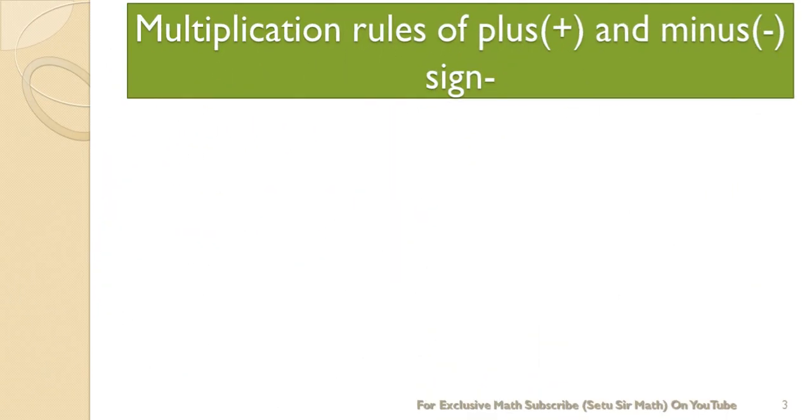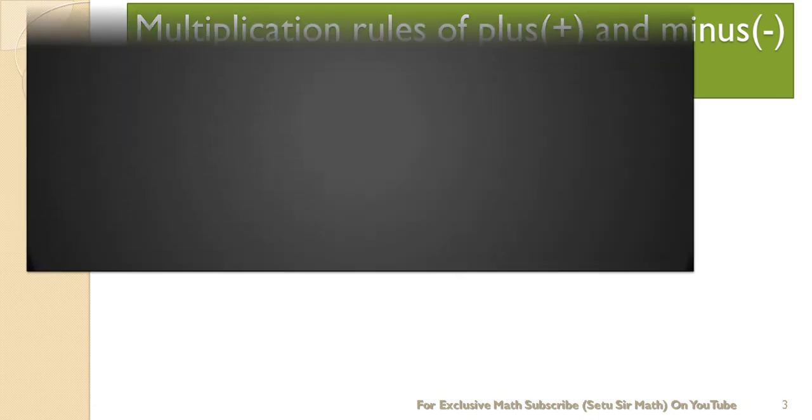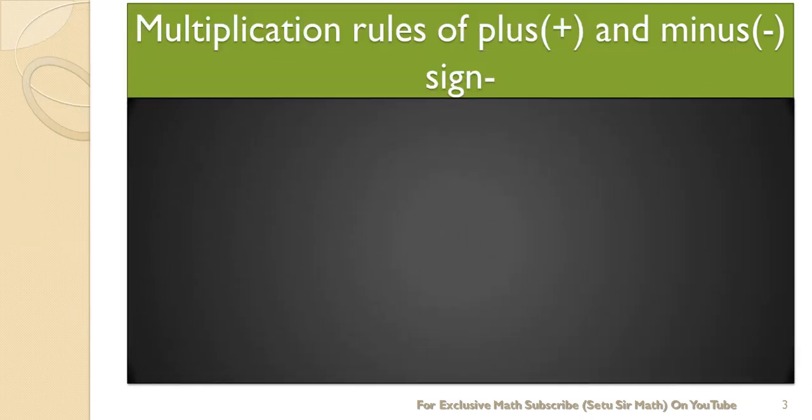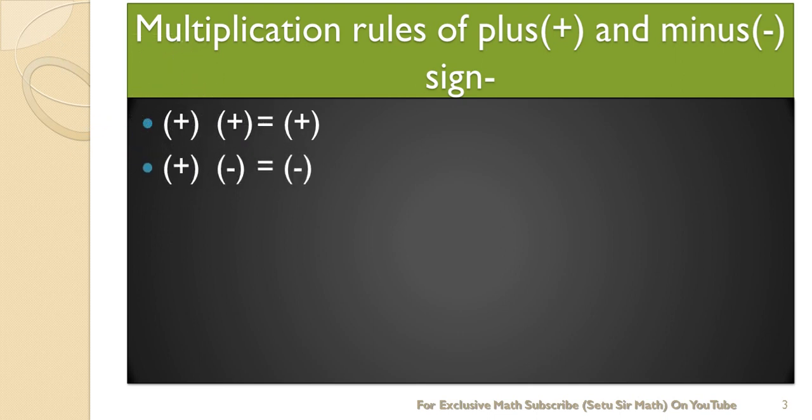Multiplication rules of plus and minus signs. This is new for you and for algebra. If we multiply plus by plus, the result will be plus. If we multiply plus with minus, the result will be minus.